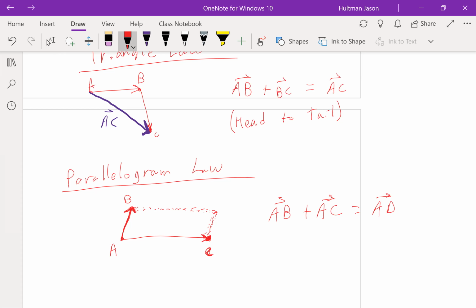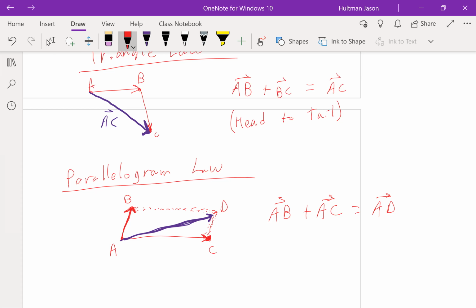And where's D? D ends up being this one here. That's called the parallelogram law.